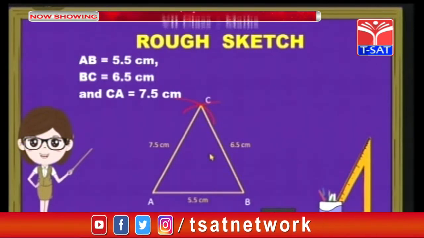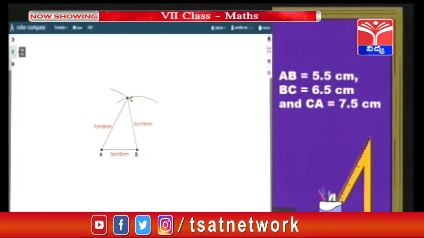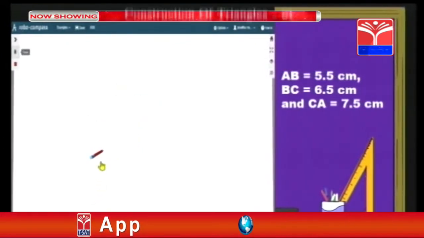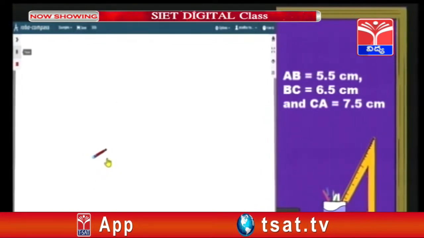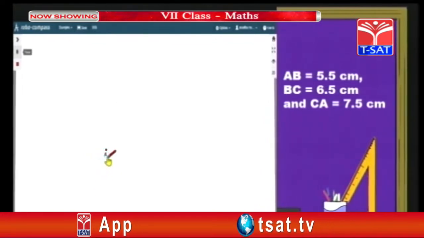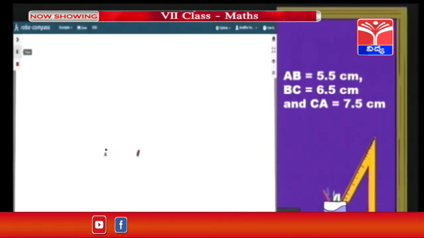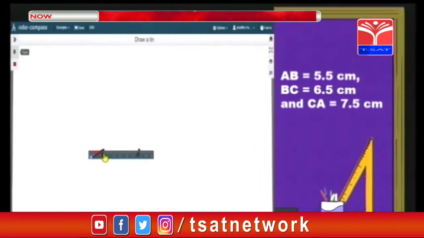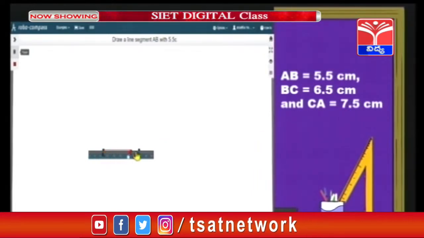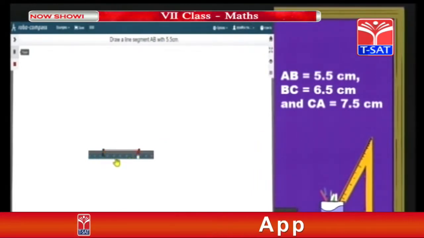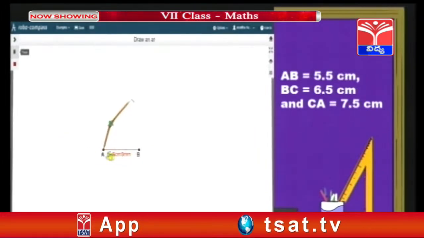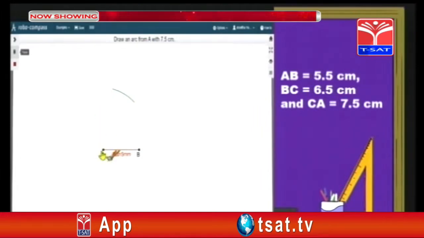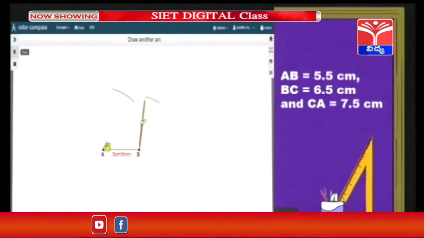Let us see how to construct a triangle. For constructing a triangle, first we need to take 2 points, as we have already taken AB as base. So, draw a line segment AB with 5.5 centimeters. After that, taking a compass, draw an arc from A with 7.5 centimeters.